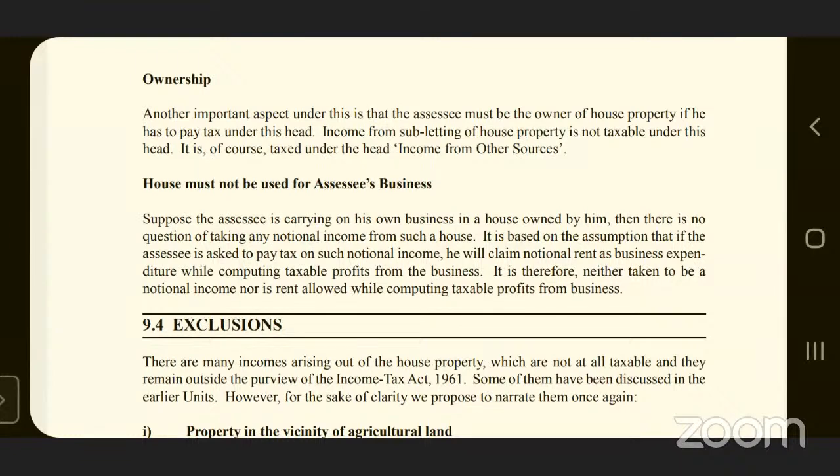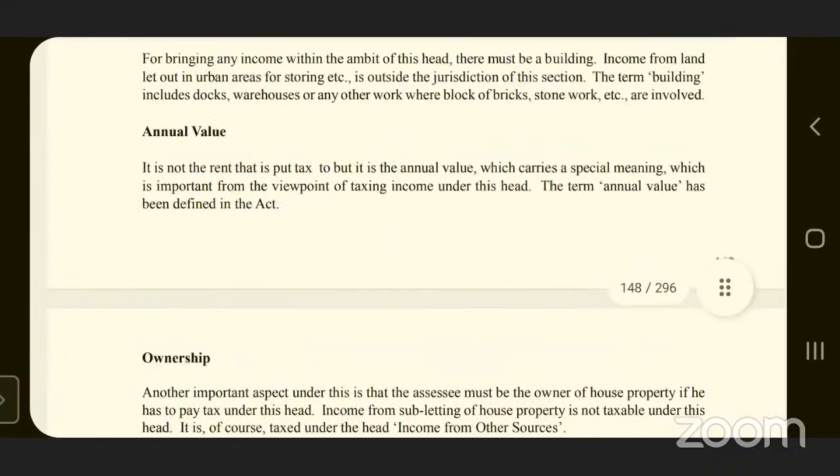In that situation, whatever rent other people are getting for a similar type of house in that area will be considered as an expenditure, which is deducted from the profit or loss under the head profits and gains from business or profession. So these 3 points are important.